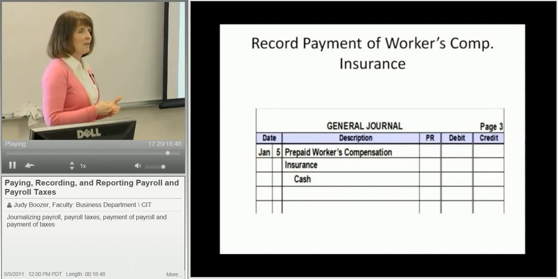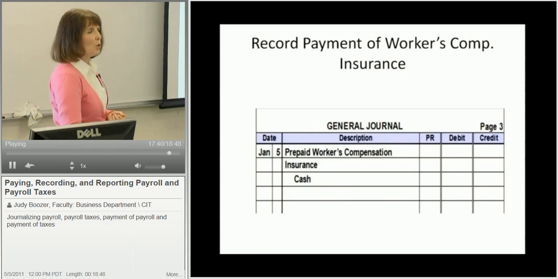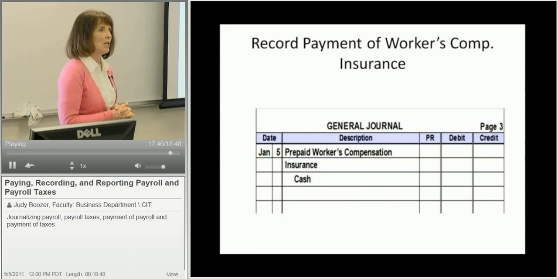And remember I said this is something that's usually prepaid in advance, and it's based on how much you estimate your payroll to be for the year. So, when you go to pay it, you're going to do something called prepaid workers' compensation insurance, and then credit cash, or you may do it something different.